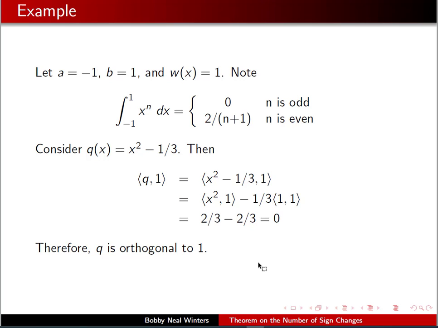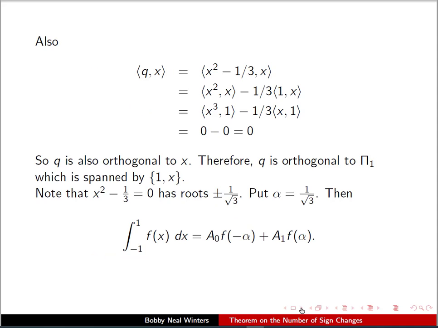Okay, now all of that having said, this q is orthogonal to 1. Okay, so take that, put it in your pocket. Now let's take this q and do an inner product of q with x, and we do the same as we did before.